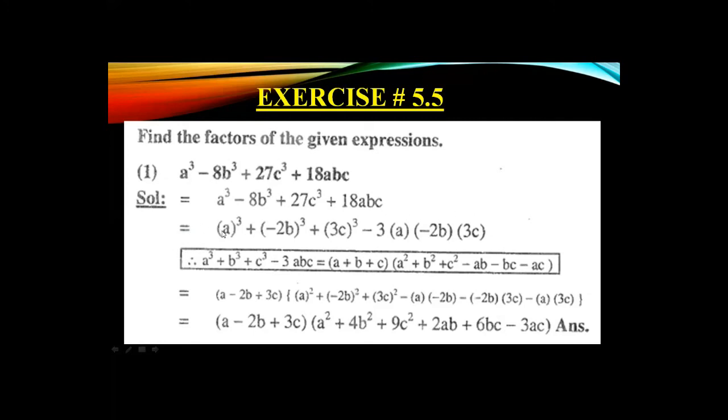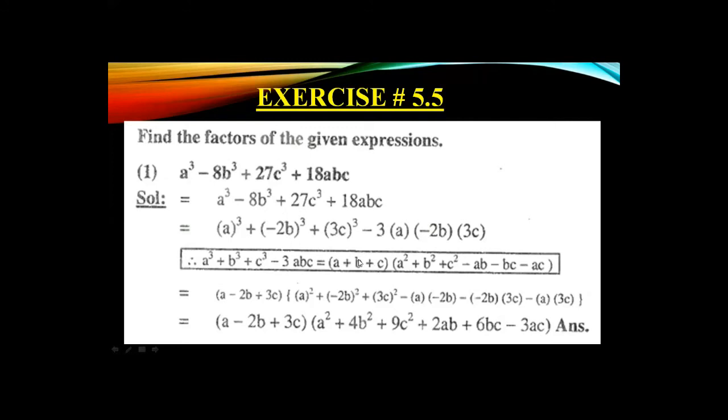It becomes the formula form a cube plus b cube plus c cube minus 3abc. This is the left hand side of the formula. Now we will put the values of a, b, c in the right hand side of the formula. Instead of a, we will use a. Instead of b, we will use minus 2b.